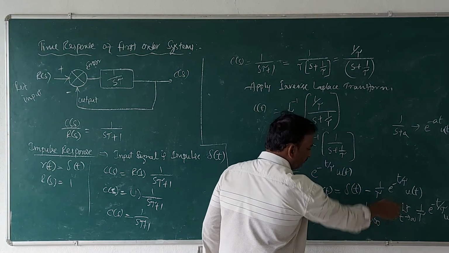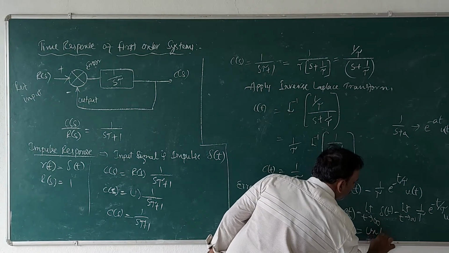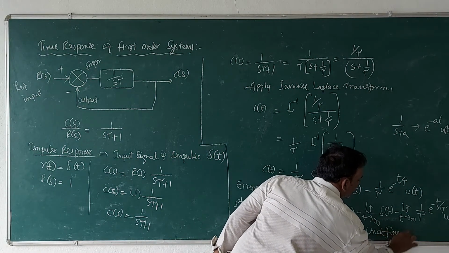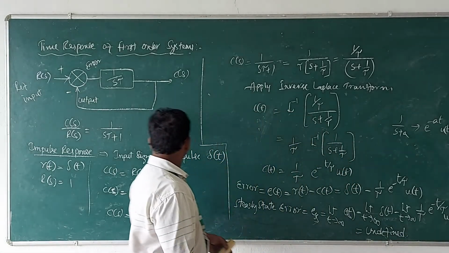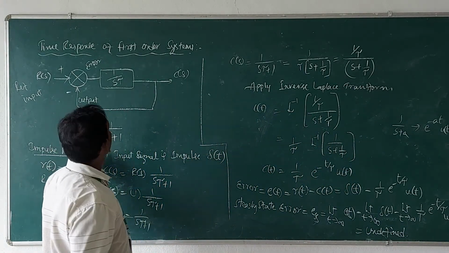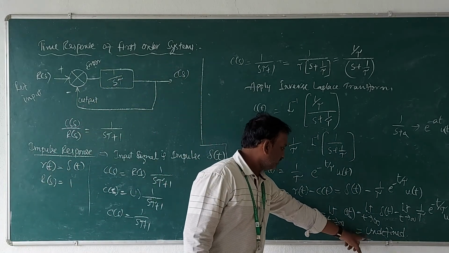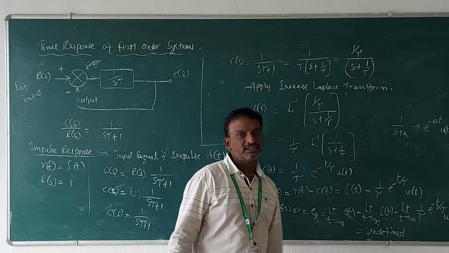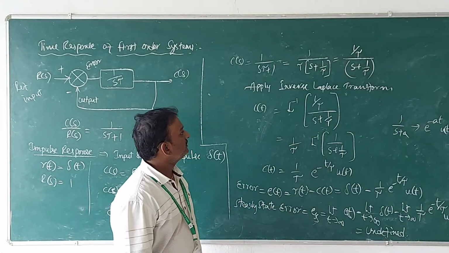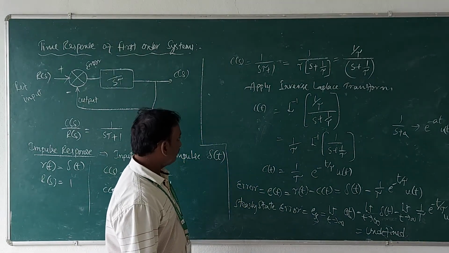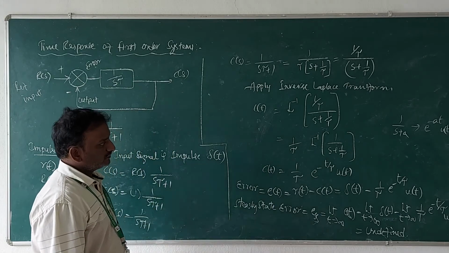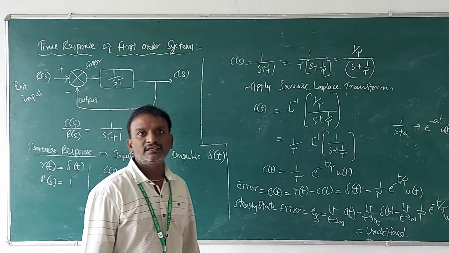So undefined minus 0, the overall response you can't determine. So for the impulse response of the first order system, the steady state error value is undefined. Okay, so this is about the information. Okay, clear? Thank you.